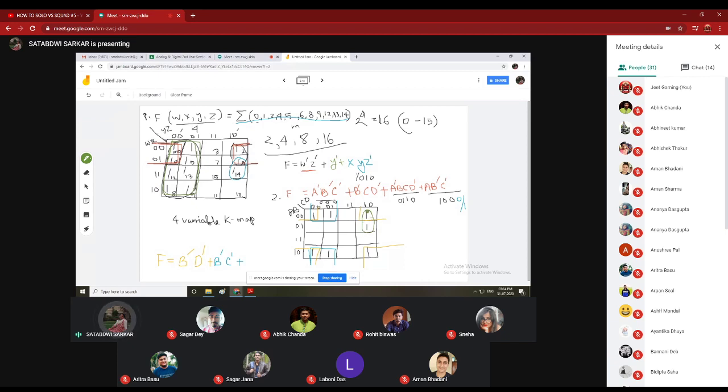From these two cells, that is 0 0. Value of A is not changing, value of B is changing, C is not changing, D is changing, so it is A bar C D bar. Okay, so this is the minimum form using the 4 variable K-map.